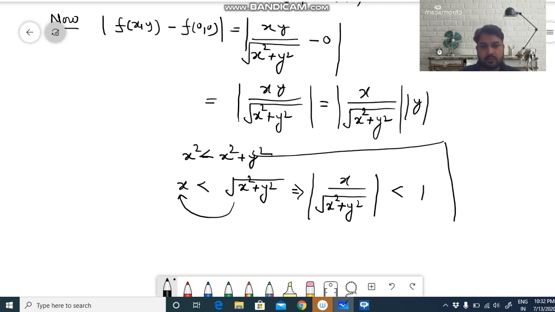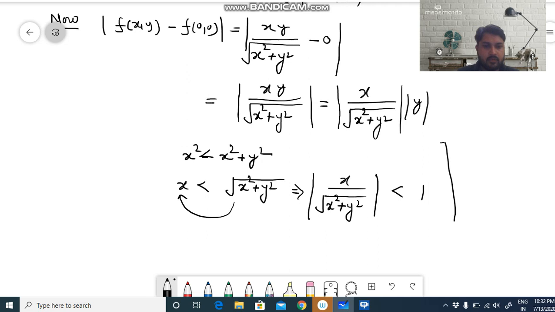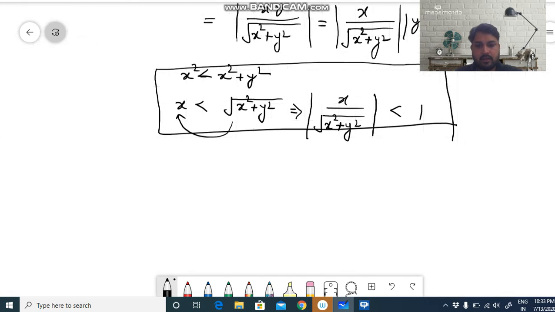So this is important here. Now using this inequality, we can say that the mod value is less than mod of y.